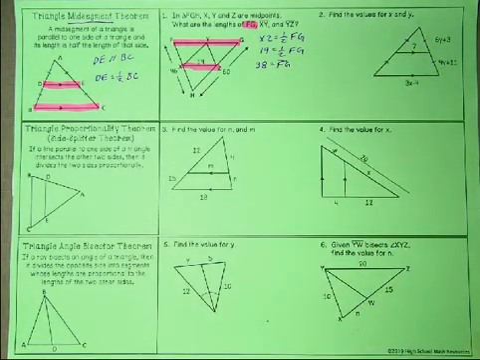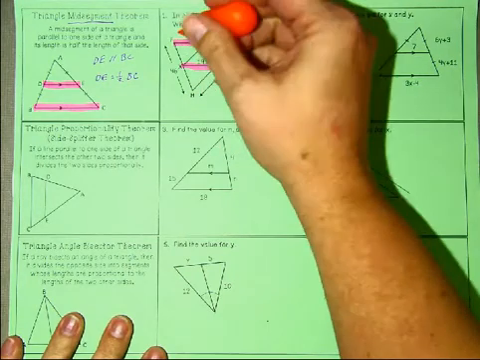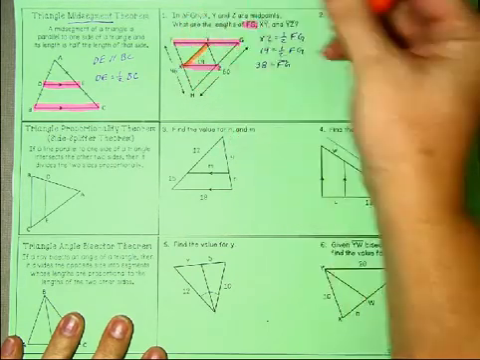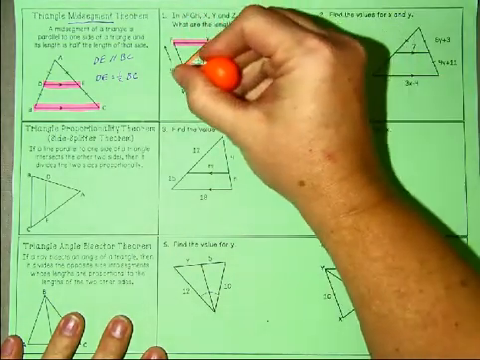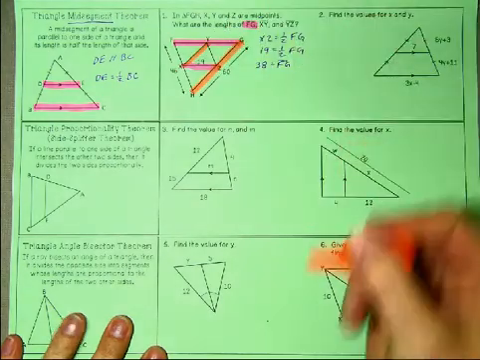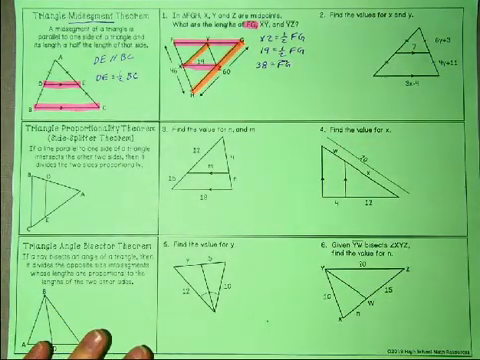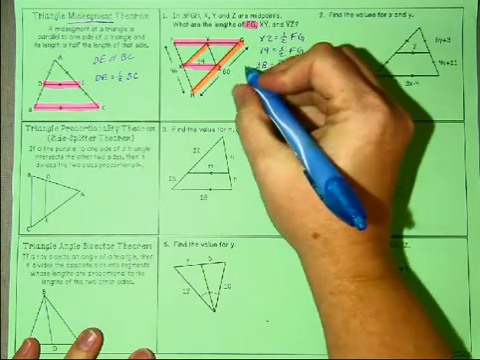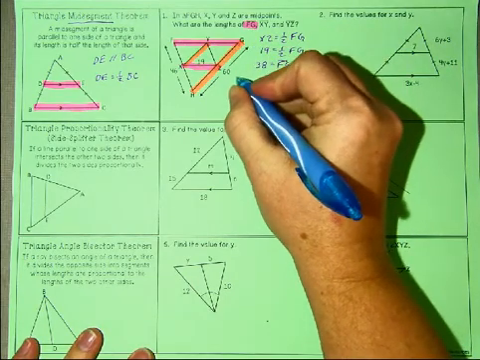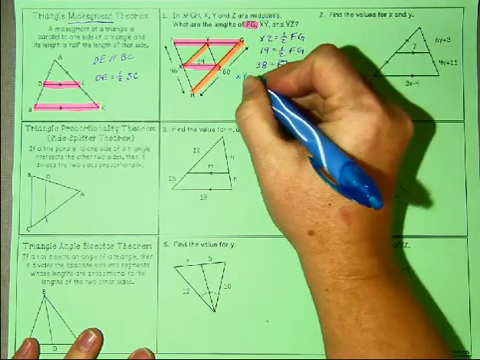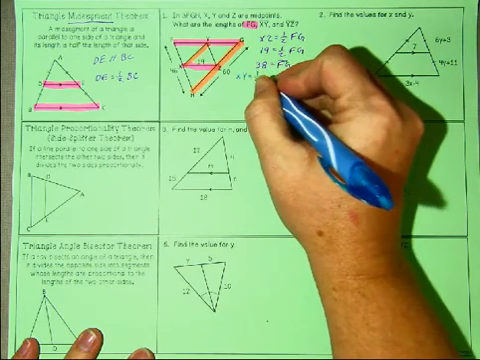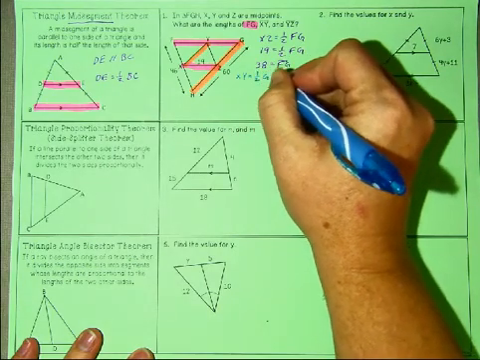All right, so for the next one, we're going to be looking at XY. So for XY, we're on this side, and we want the side that's parallel to that. So that's going to be GH. Okay, so for this one, we have XY is our midsegment, so that equals 1/2 of GH.